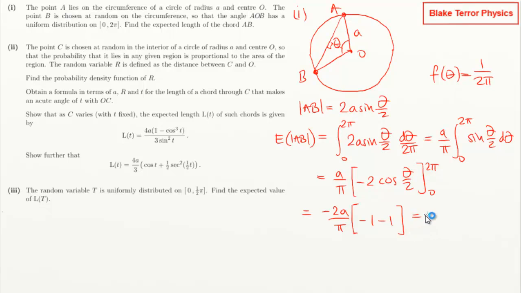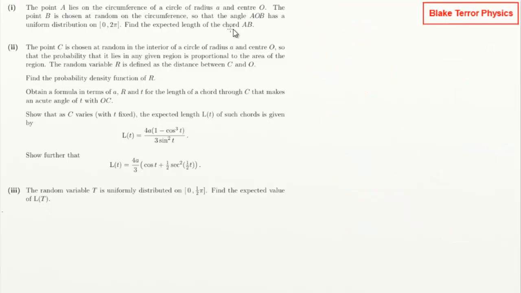So I'm going to end up with 4A over pi. That was a nice way to get started. Right, new sheet. I'm going to write 4A over pi on here just in case I need it, though probably won't because we're moving on to part 2, but you never know.